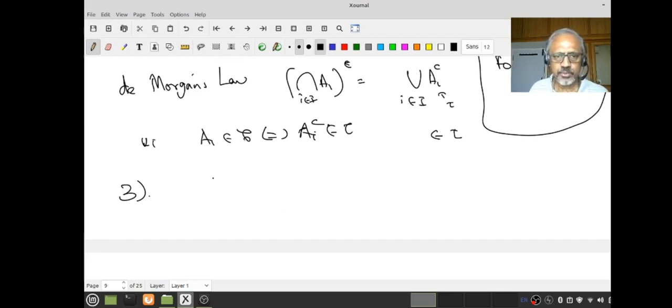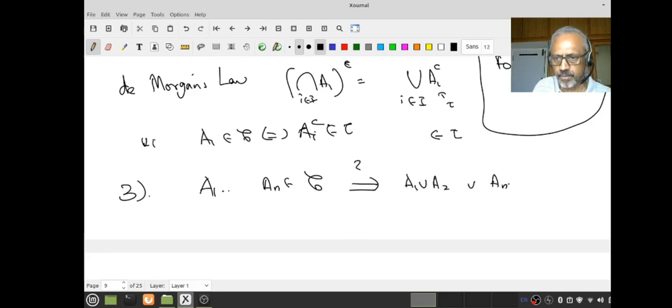So what should be the analog here? Let A1, ..., An be in C, then what should I know? A1 union A2 union ... An is in C. That is, take a finite collection of closed sets. The finite union of closed sets is again closed.